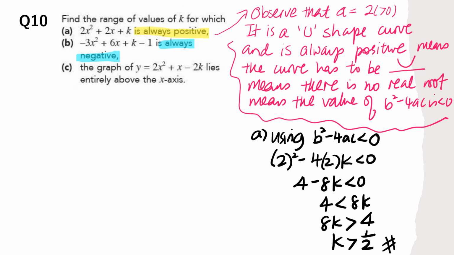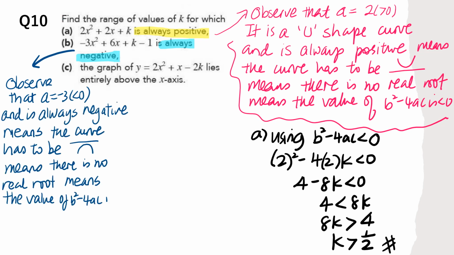So if you look at part B, we use the same reasoning as what we have done earlier for part A. Observe that the coefficient of x squared is negative 3. It's a negative value, so the curve has to be N-shaped, and if it's always negative, it must be entirely below the x-axis. Such a situation means there are no real roots. It means that the value of b squared minus 4ac is less than 0.